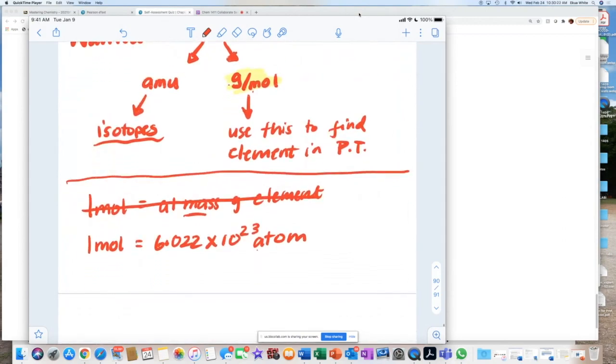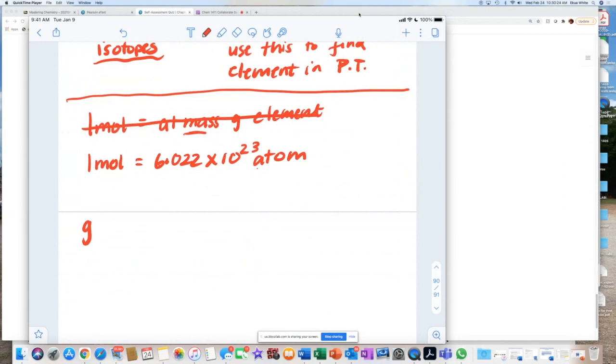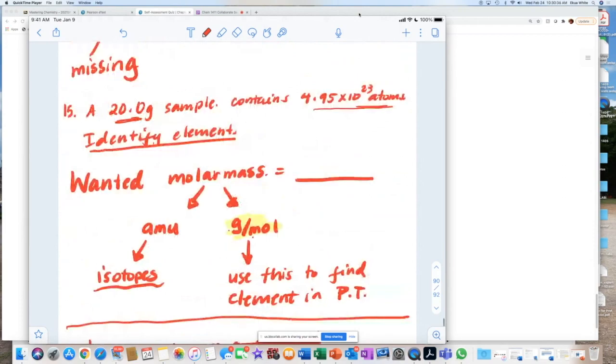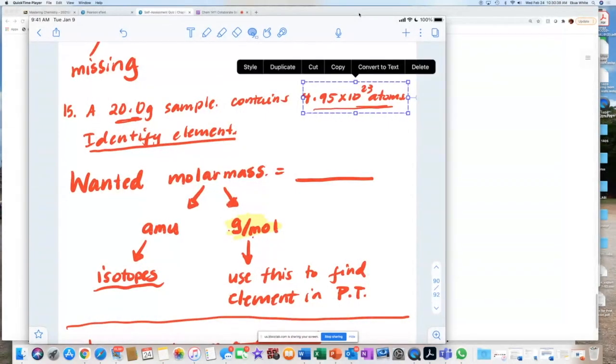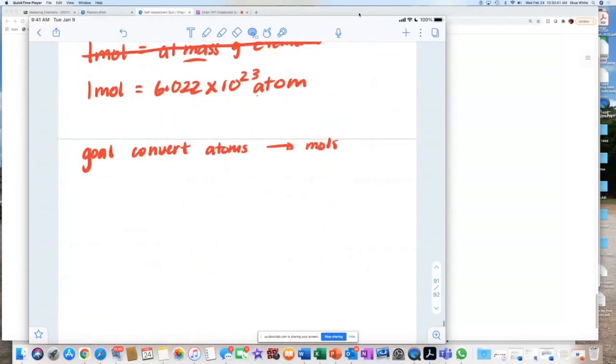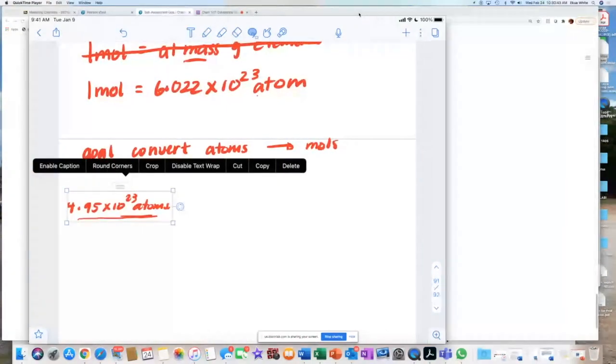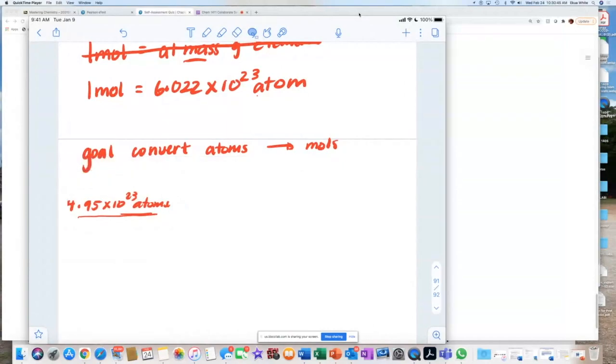But my goal, sub-goal number 1, is to convert atoms to moles. So I take the number they gave me here, and I start with that number and use Avogadro's number.